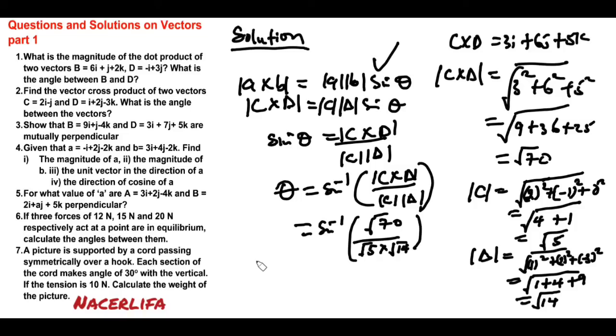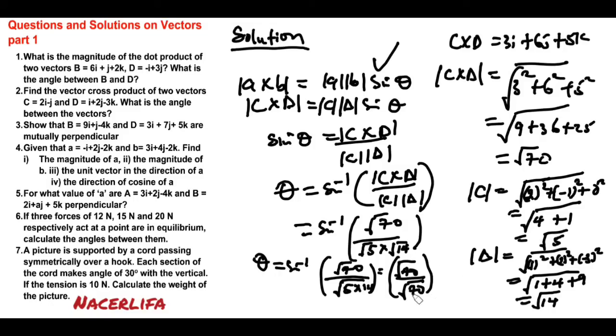So theta will now be sine inverse of root 70 upon root 5 times 14. 5 times 14 gives us 70.